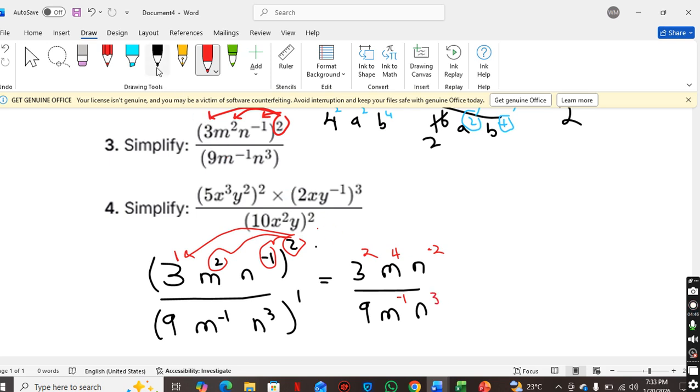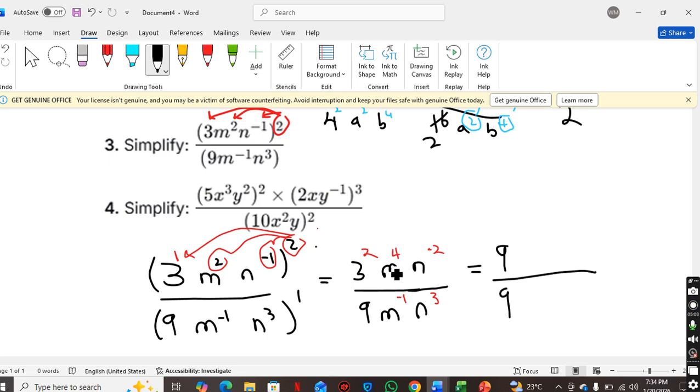Okay, so as I said, we can now apply the laws of indices here. So we start with the 3 squared. This 3 squared, that is 9. Okay, 9 over 9 here.